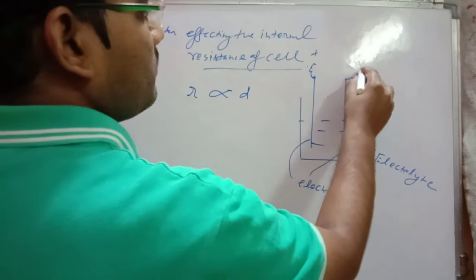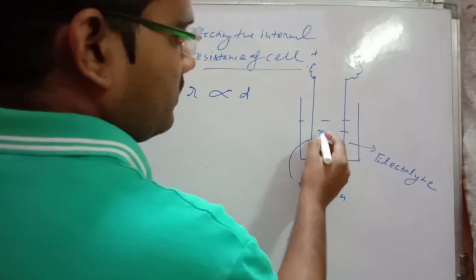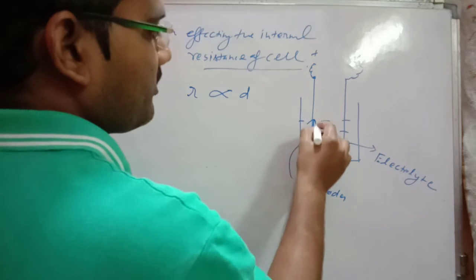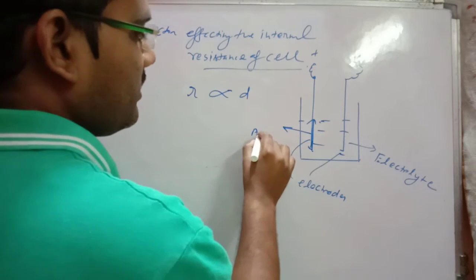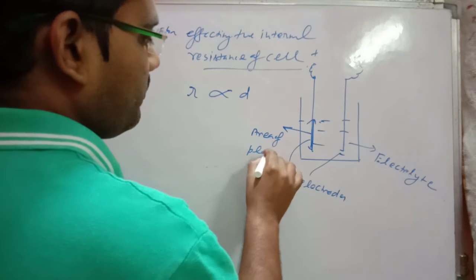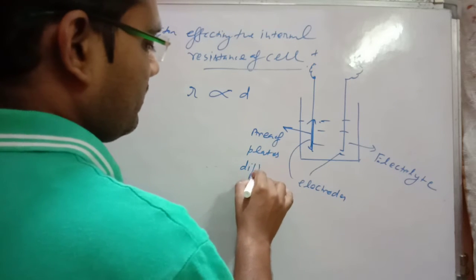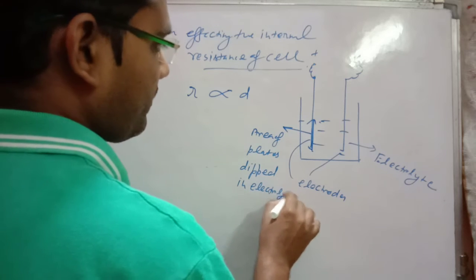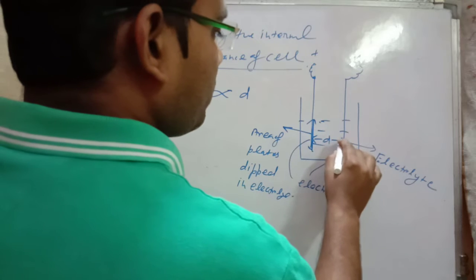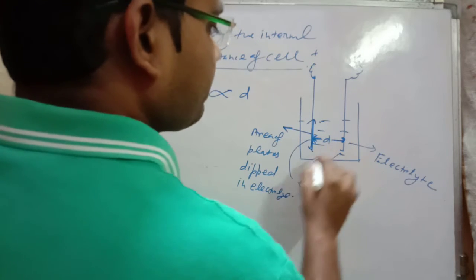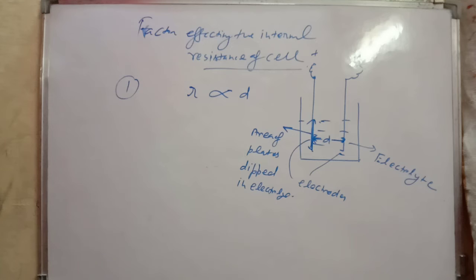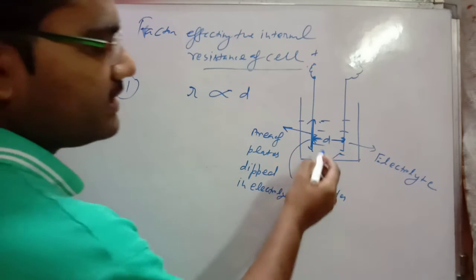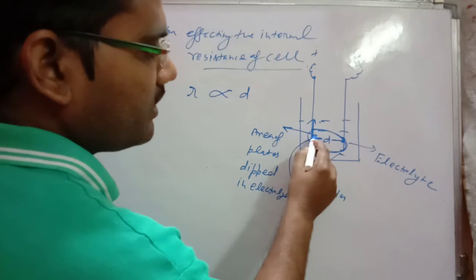This one is the positive, this one is the negative, and this one is the area of the plates deep in the electrolyte, and this one is the separation between the electrodes. So the internal resistance of a cell is directly proportional to the separation between the plates.